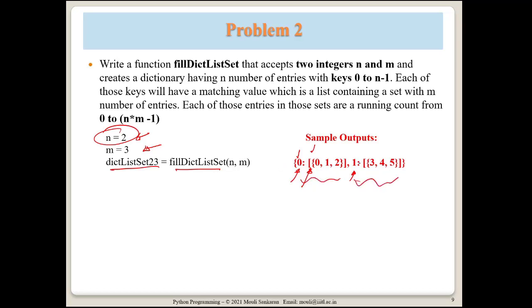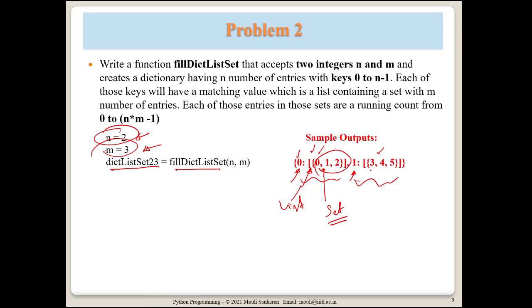And since you are giving 3 here, you should have a list first. In both cases, you should have a list. Inside that, there should be a set. This is a set. This is a list. A list containing a set, a set having 3 numbers.